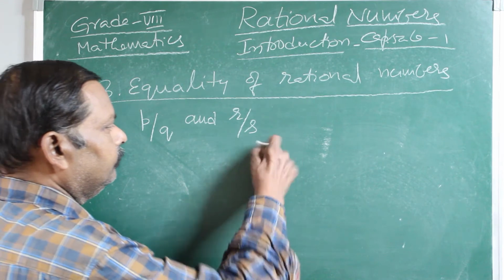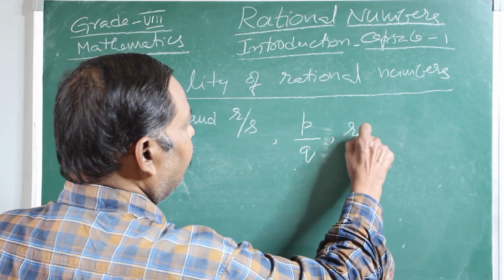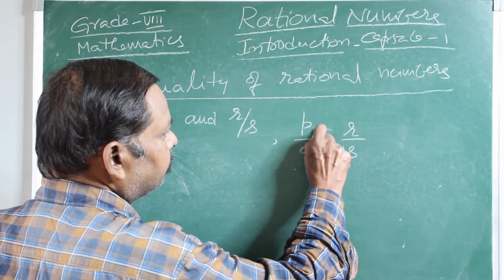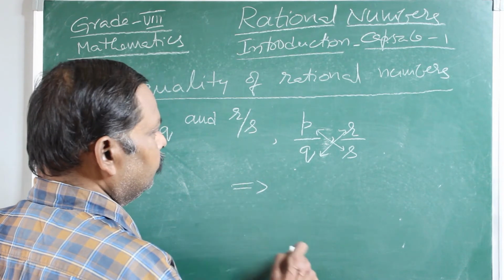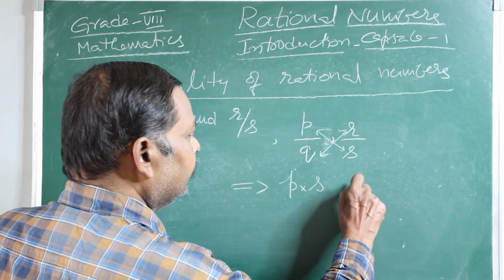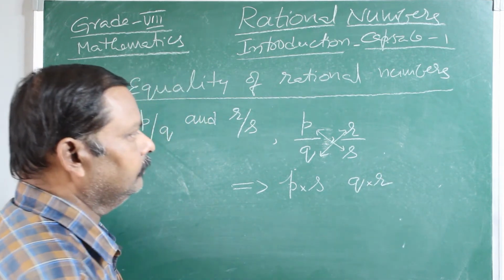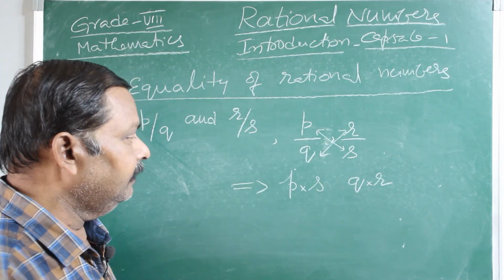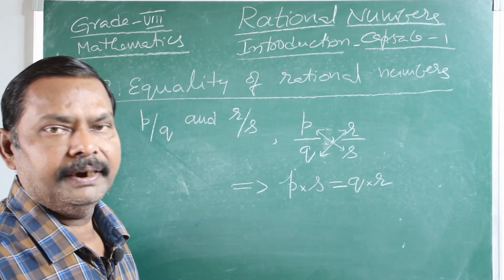Now take P by Q and R by S. Take the cross multiplication. You will get P into S and Q into R. Taking cross multiplication, you will get PS and QR.